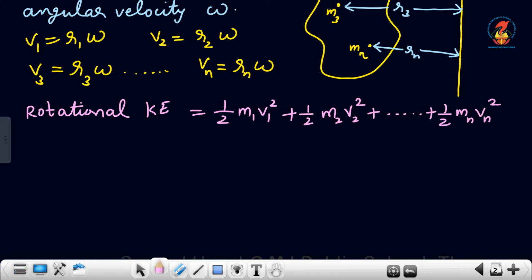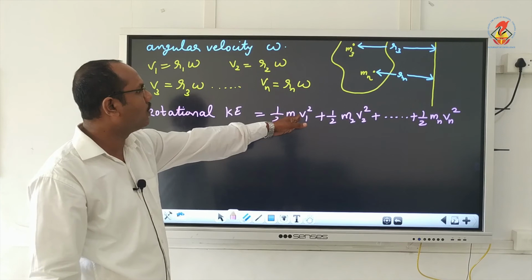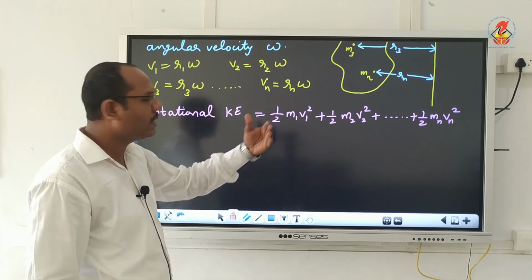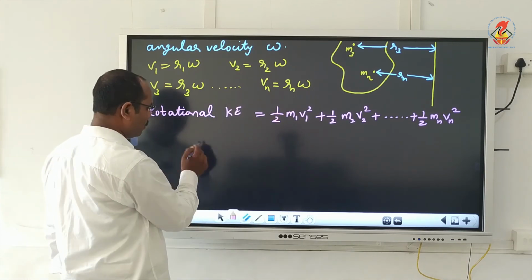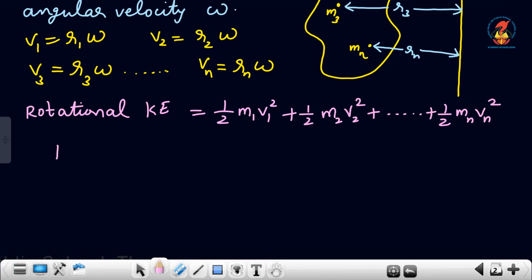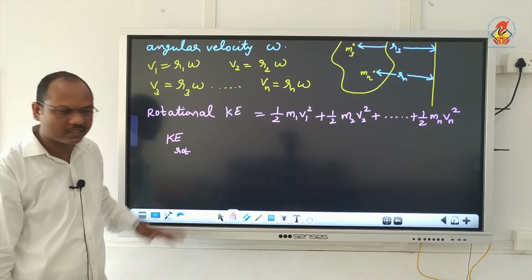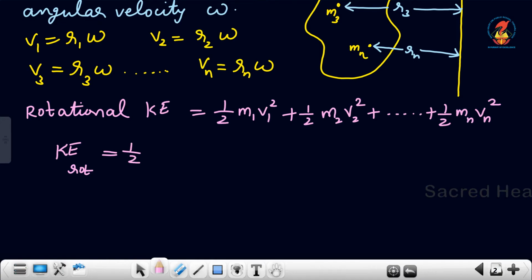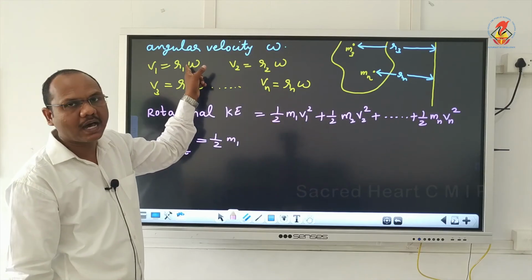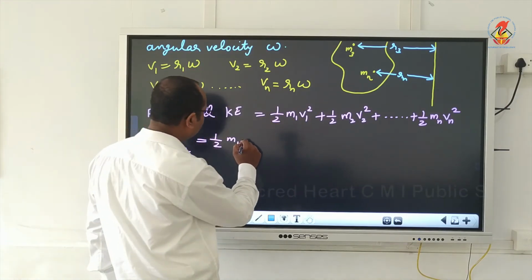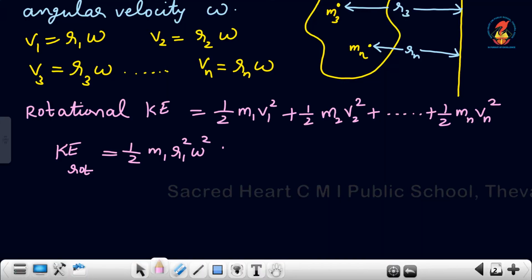Now we already wrote v1 is r1 into omega, so v1 square is r1 square omega square.